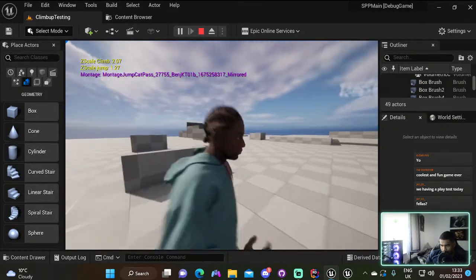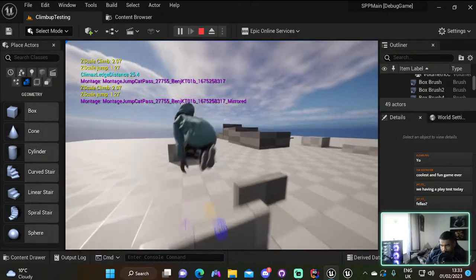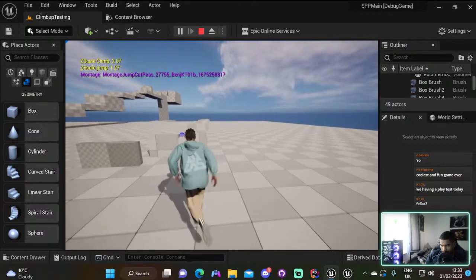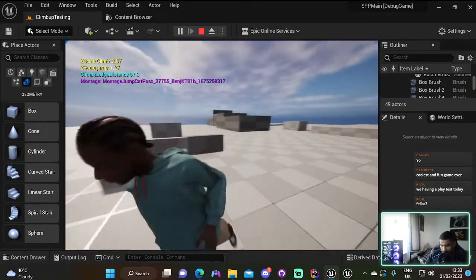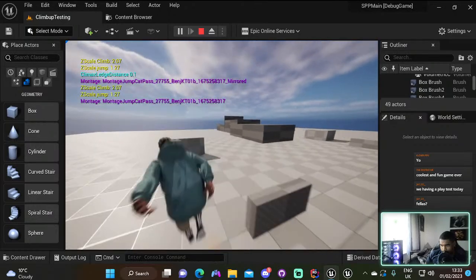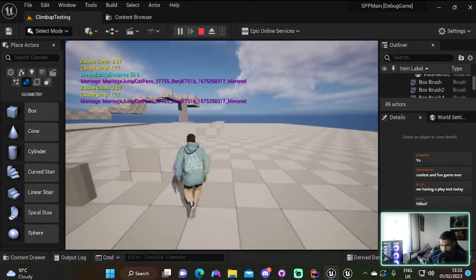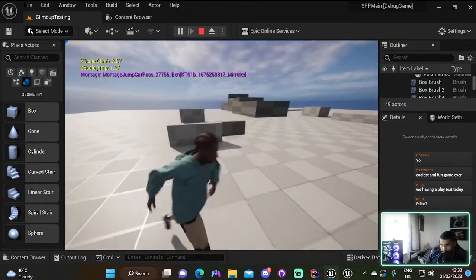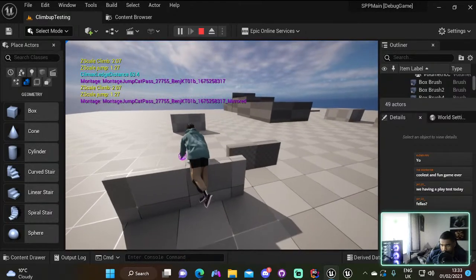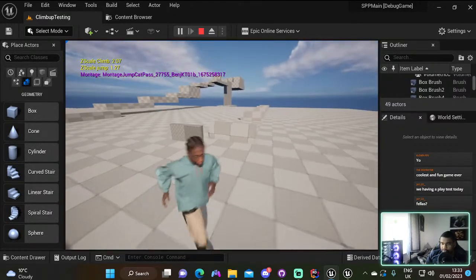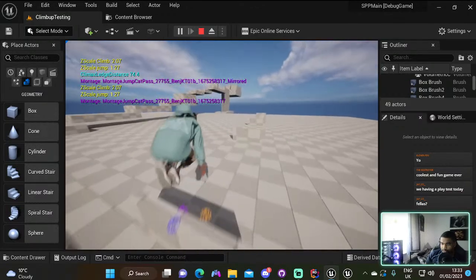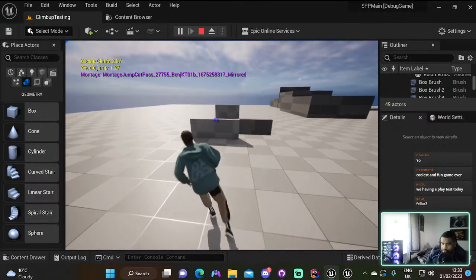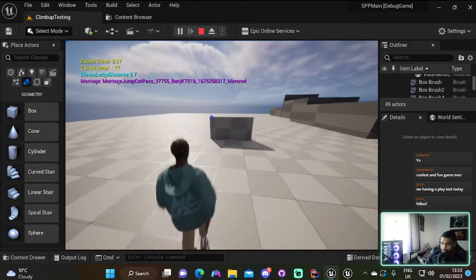So why can we not calculate that number? It looks to me those two numbers are vastly different. Because here I get the vibe it will plant the hand at the right point, but then it will just fly up over the wall.